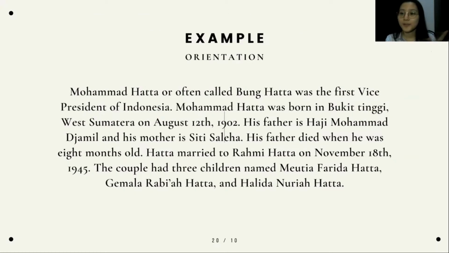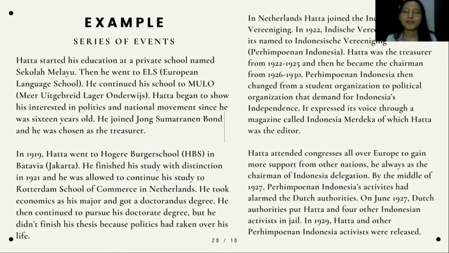As you can see, there's quite a contrast, and in this series of events, we can see which schools he attended and also what he does in June 1922. And as I have mentioned earlier, the events are written in chronological order.